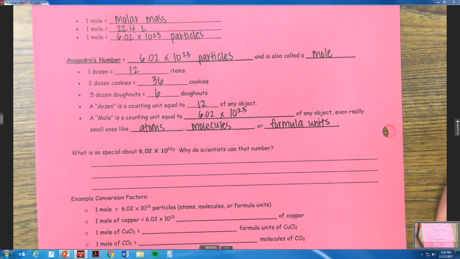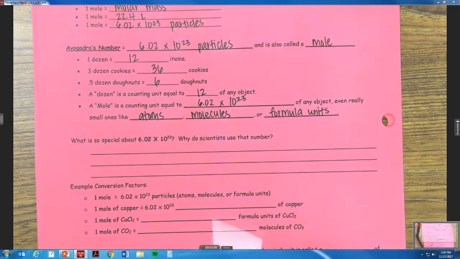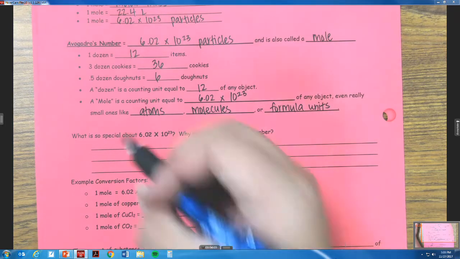So what's so special about 6.02 times 10 to the 23rd, and why do scientists use that number? Well, for one, it's a conversion factor.